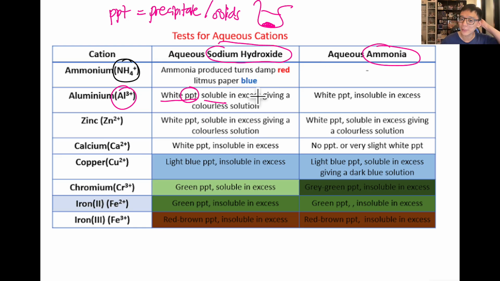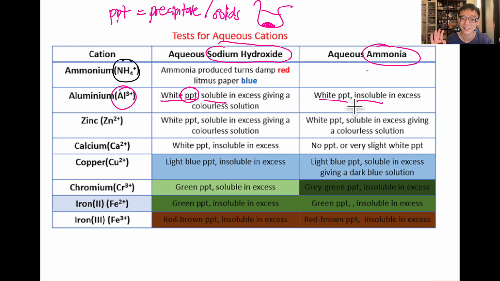While if you add ammonia to aluminum, it will also form a white precipitate. But if you add it in excess, it will still have the solid. So this is how you differentiate the use of sodium hydroxide and ammonia. Initially, if you add the same amount, like 2-3 drops, a white precipitate will form. But if you add in excess, the one with sodium hydroxide will dissolve, while the one with ammonia will remain.